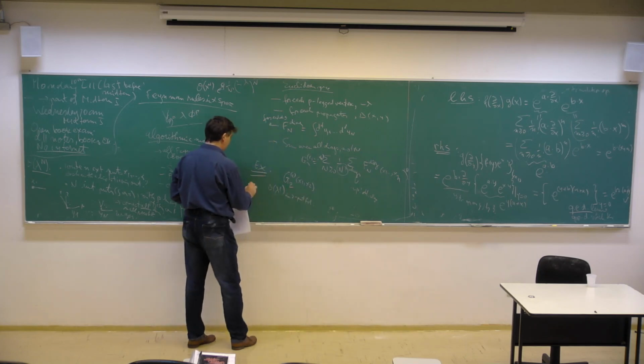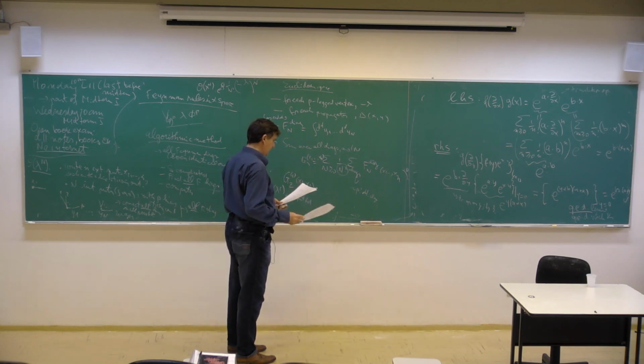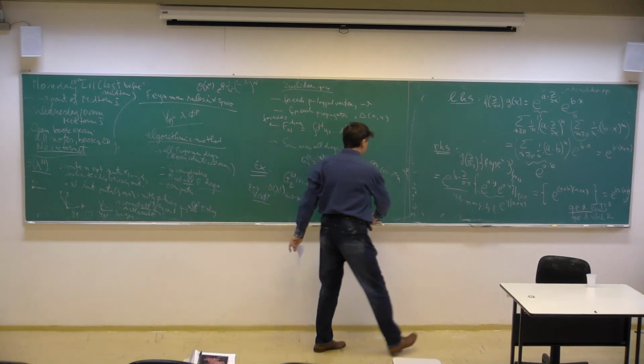And the case is for p equal 4, so V is lambda over 4 factorial. Okay? All right.